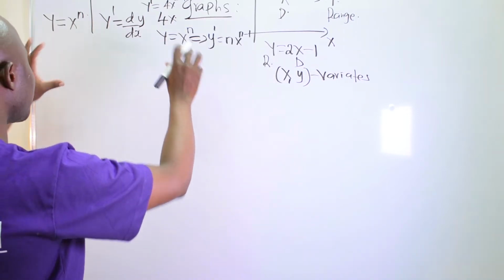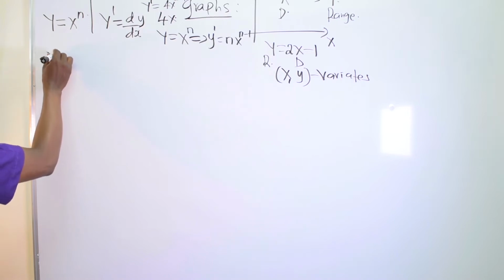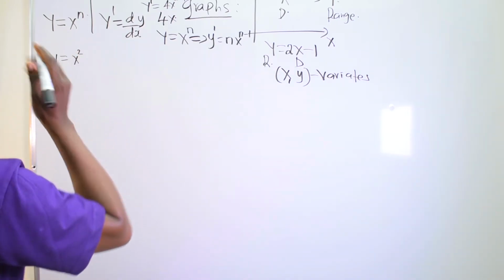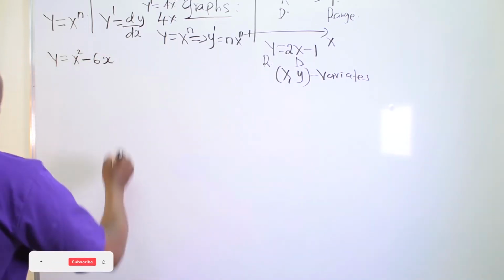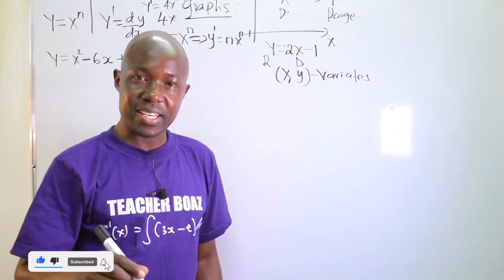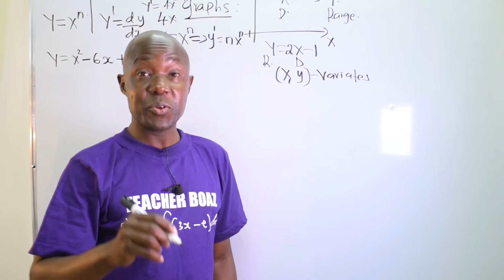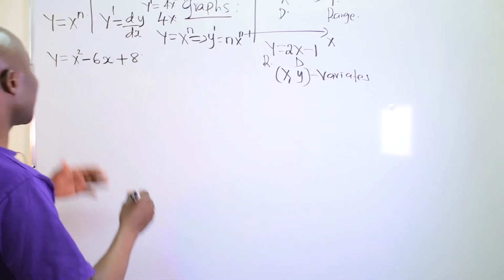Now let me give you an example of how you get it. Now if somebody provides y is equal to x squared minus, maybe, 6x plus 8. If somebody gives you that particular quadratic, for you to sketch it, because I know from middle school you've learned about linear functions.